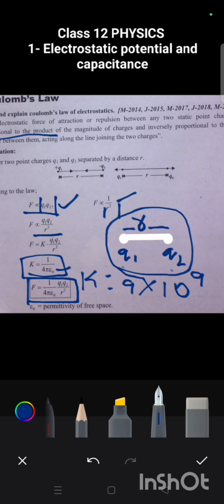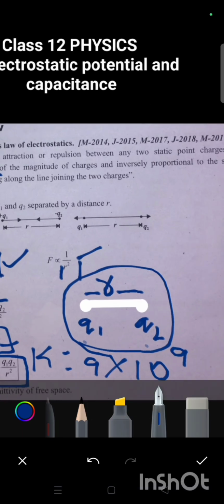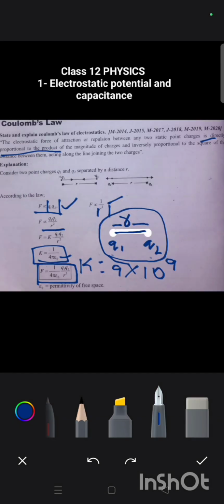The force acts along the line joining the two point charges. So I hope you all understood this derivation. It is the most basic and very important derivation of this chapter.